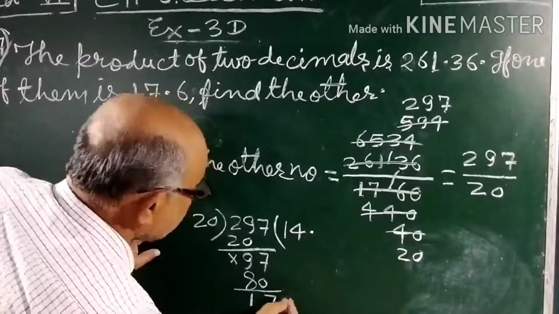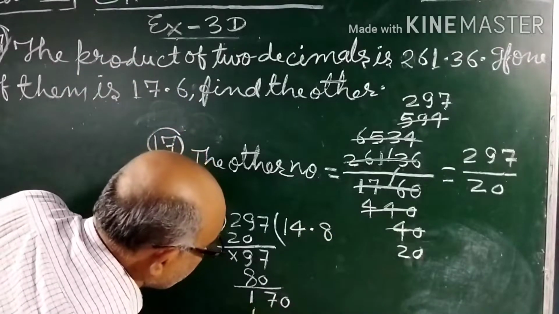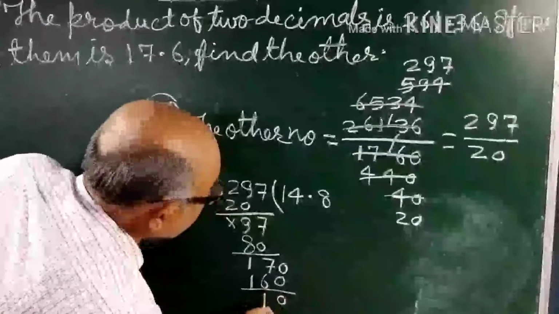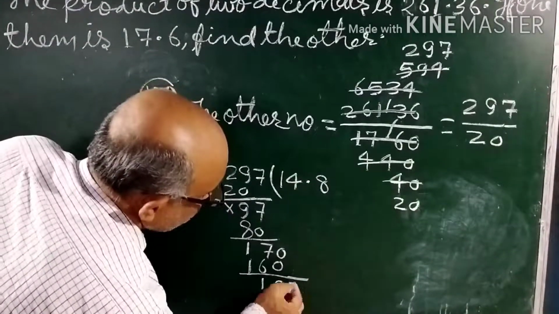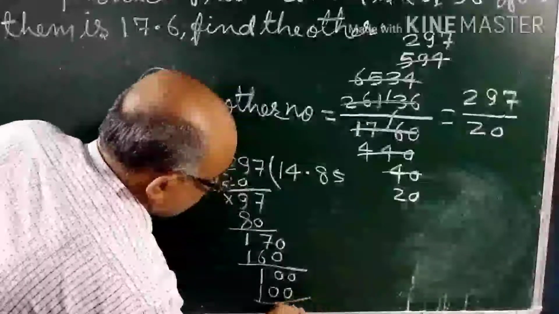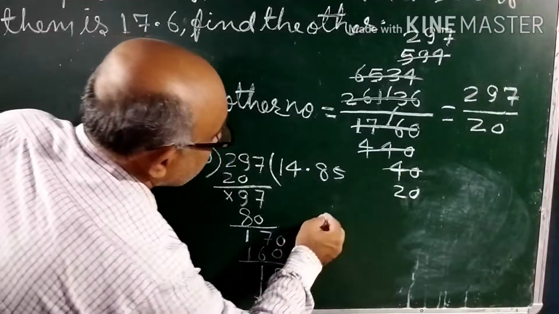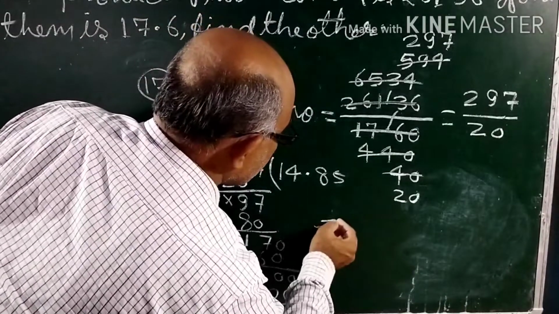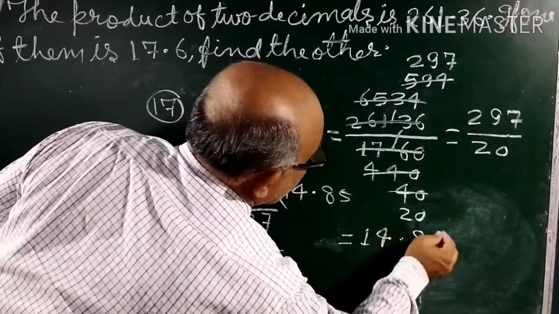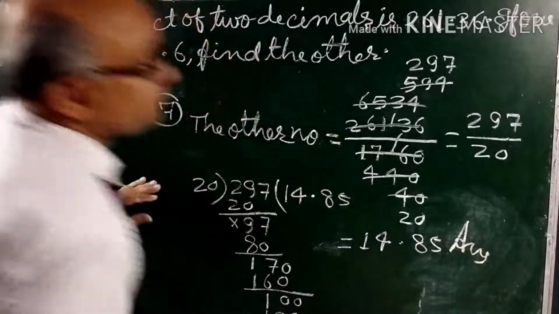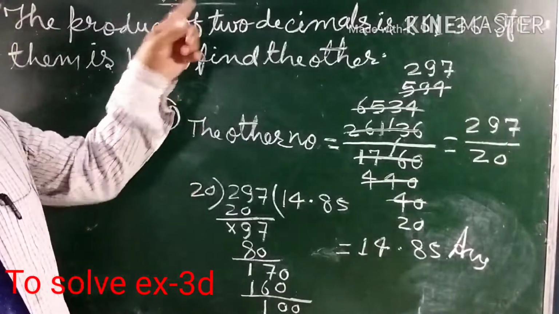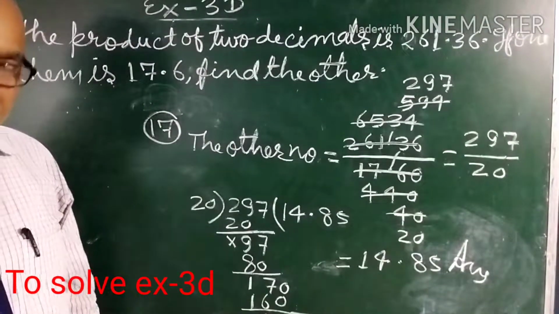Decimal here. 8 times 20 is 160. Now 0, 1. Here decimal, so here 0. 5 times 20 is 100. Cancel. Answer: the other number equals 14.85. Write it and solve exercise 3D. Thank you. That's all.